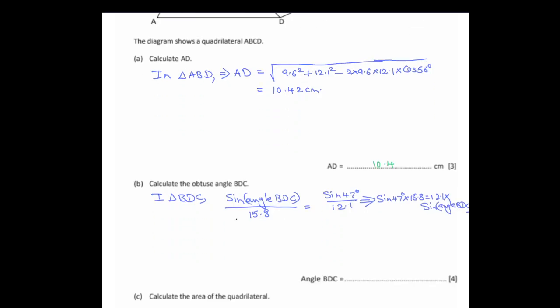Now using this equation, sine angle BDC, if you keep on the left hand side, flip the equation, 12.1 will be divided to this. So sine 47 into 15.8 by 12.1. Now we need only the angle, so angle BDC is equal to, applying sine inverse, you get the answer.